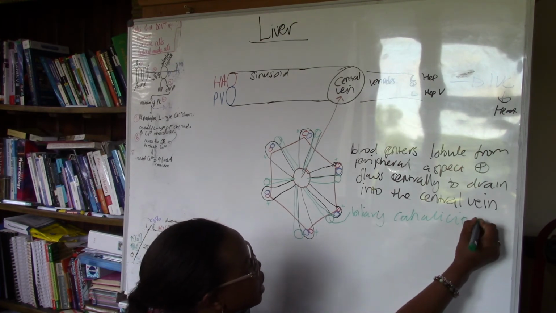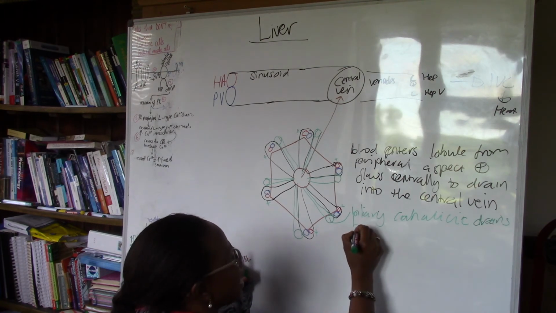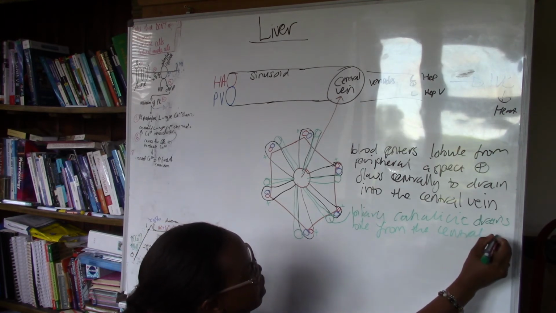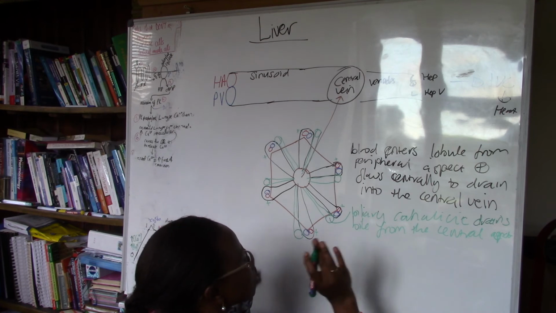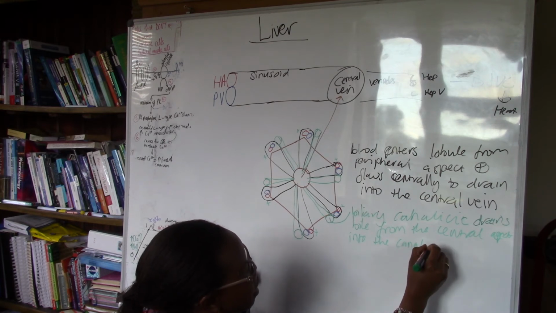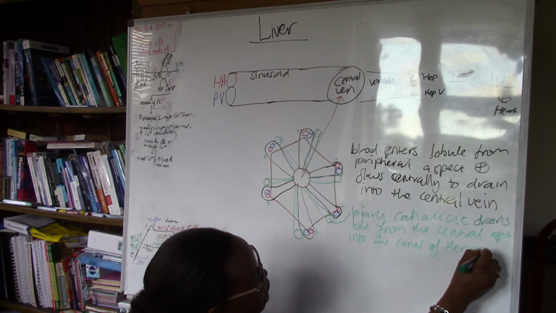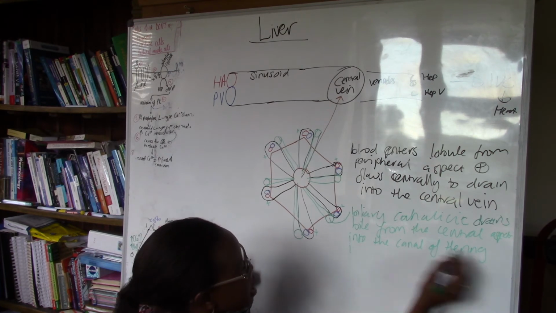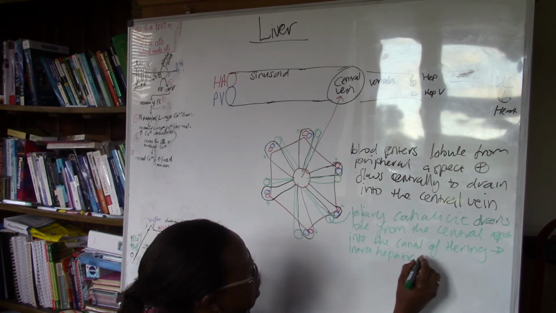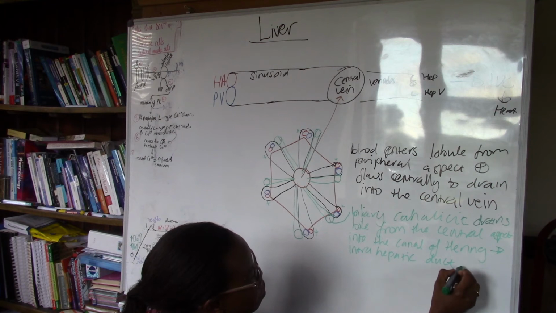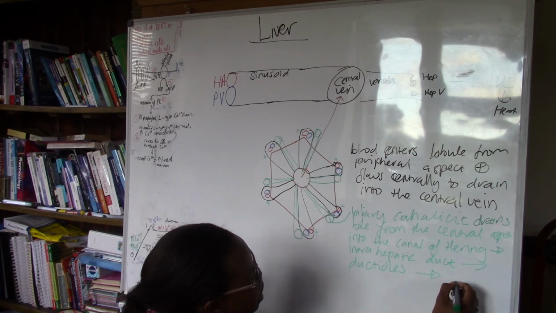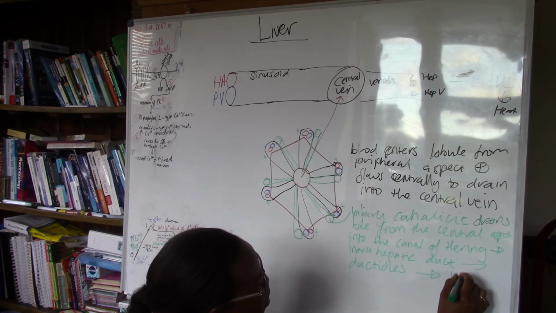So the biliary canal drains bile from the central aspect into the canal of Hering, which then becomes the ductules, and then finally the biliary duct.